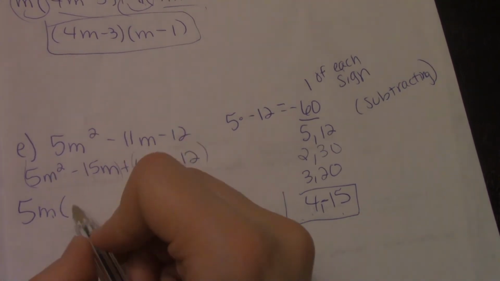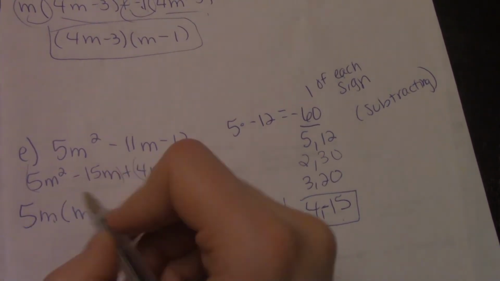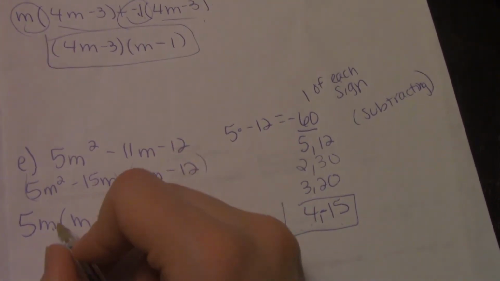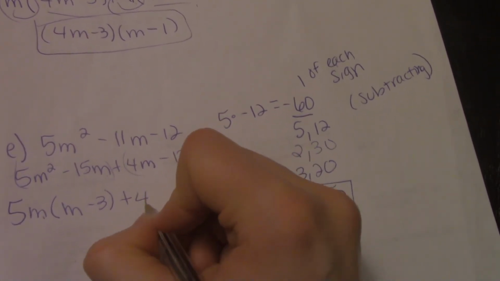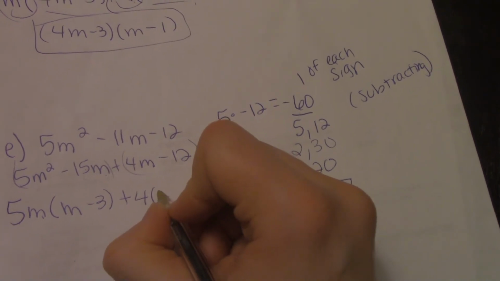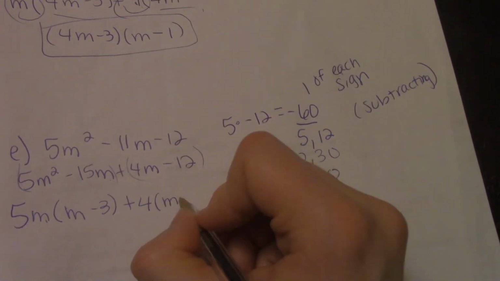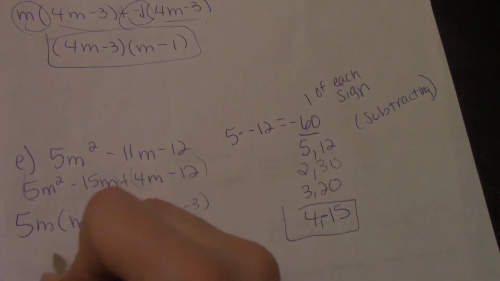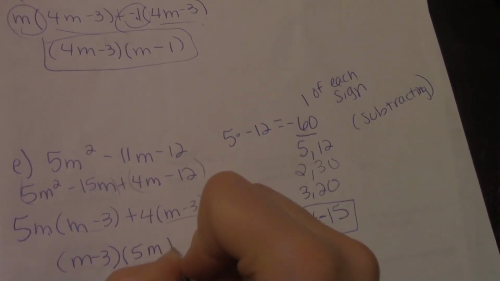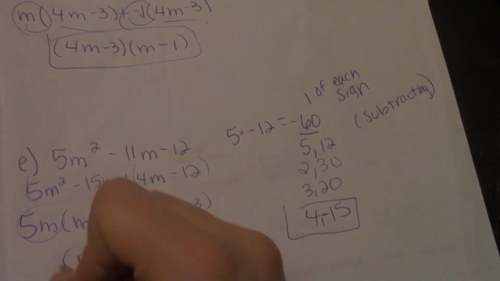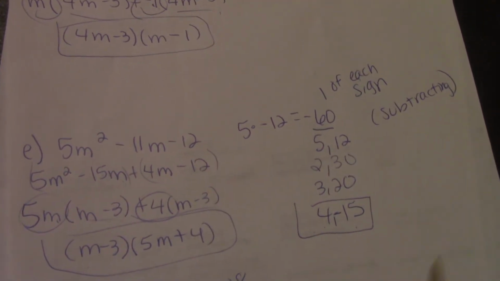M squared, take out an m, is just m. Negative 15 divided by 5 is negative 3. But we took out that m. Plus, now 4 goes into both. So 4 divided by 4 is 1. So m, 12 divided by 4 is 3. And they match. 5m plus 4, the outsides. And you're done. One more together.